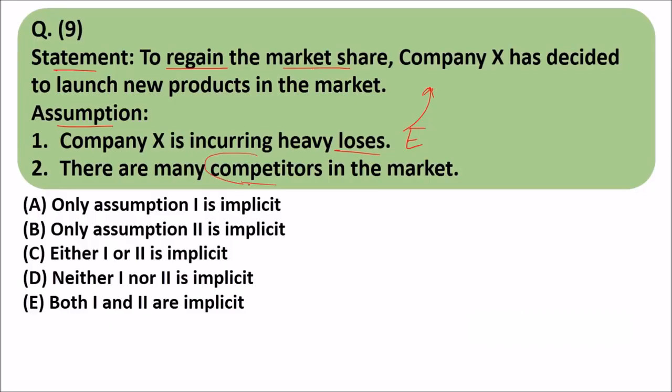Only when there are other competitors who take the market share will they have less market share and have to regain it from other competitors. So we can say that there are many other competitors in the market. So this is an implicit assumption. So the answer is A, only assumption 1 is implicit.